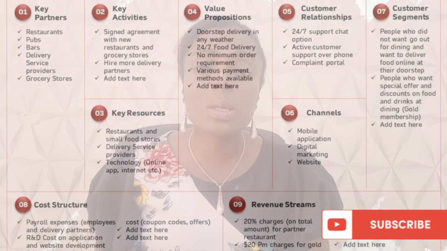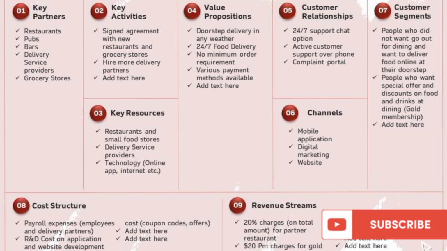The 9 blocks include the customer segment, value proposition, channels, customer relationships, revenue streams, the cost structure, key activities, and the key partners as well, and they are 9.